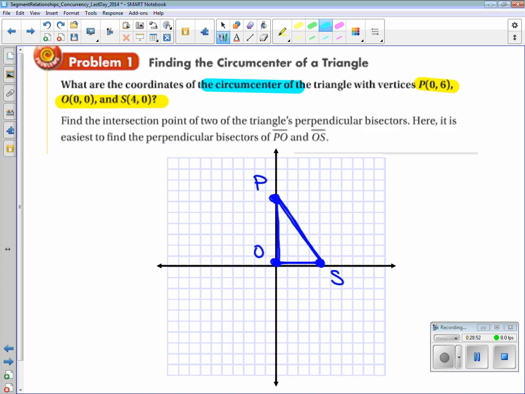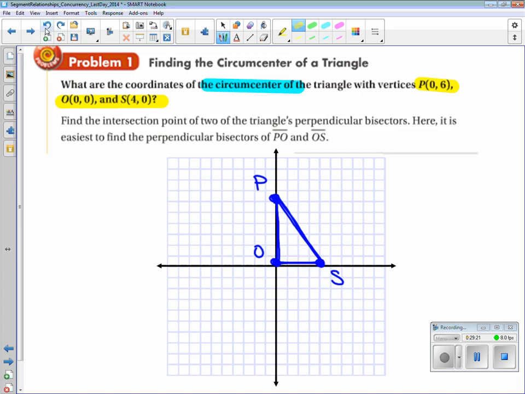The altitudes intersect at point O. You agree? That's an altitude. That's an altitude. Where do they intersect? Point O. So if it had said orthocenter here, there'd be no work to do, would there? The work would be point O. I'm done, because I have the orthocenter there. But that's not what it said. It said circumcenter. A little bit more work involved.